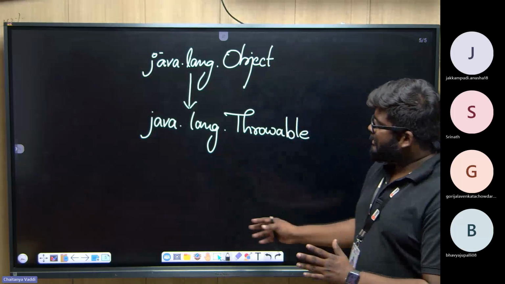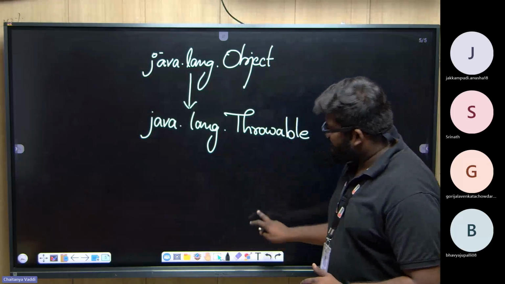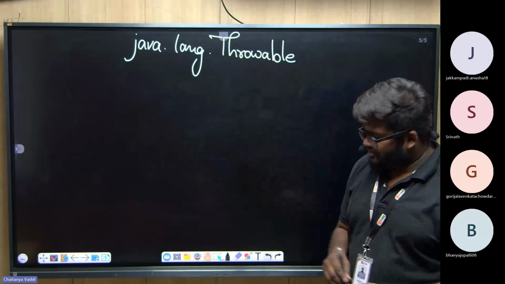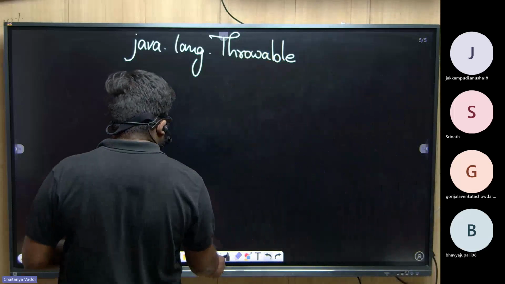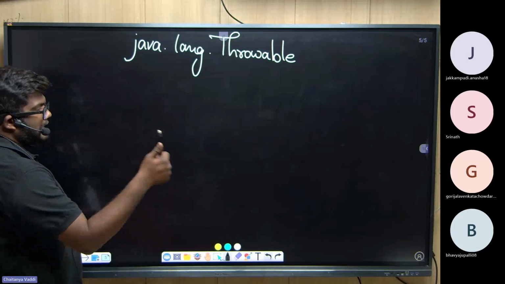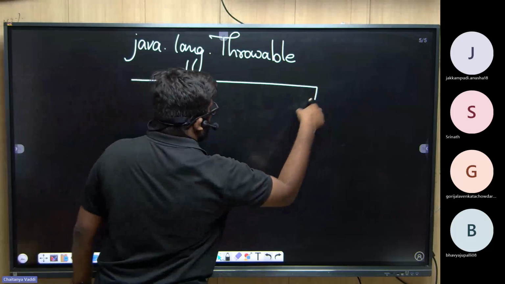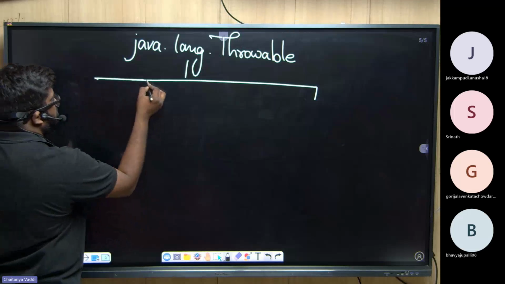So the exceptions that are going to be raised here are going to come under this specific class. As I said, there are two specific things. There are errors and there are exceptions. Both are subclasses of the Throwable class itself.